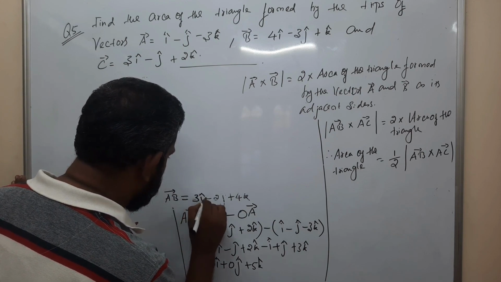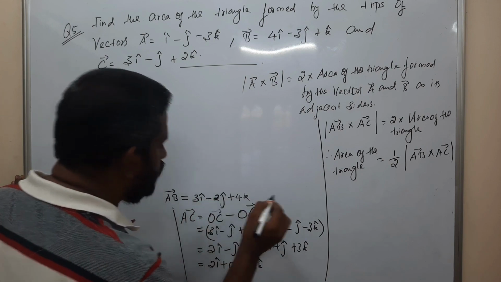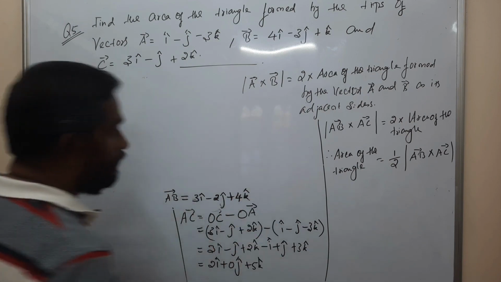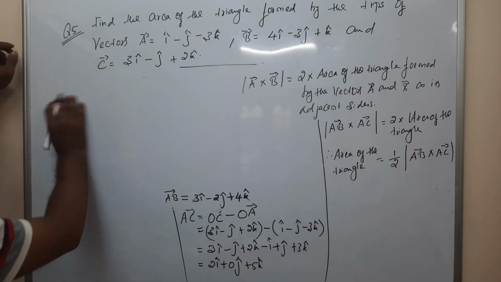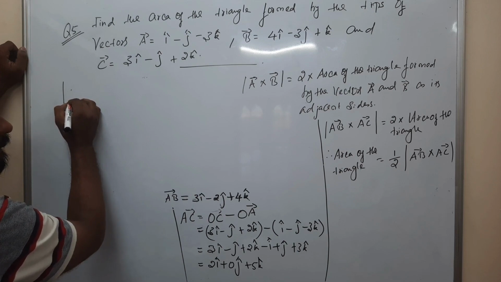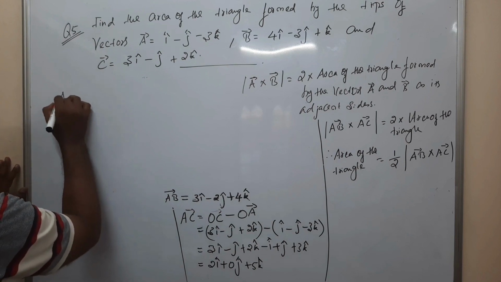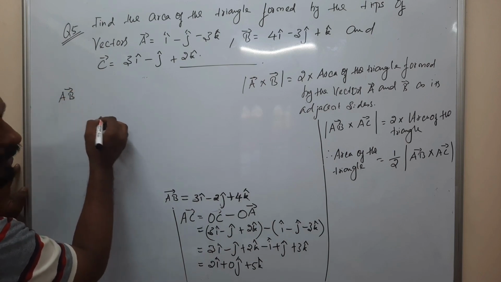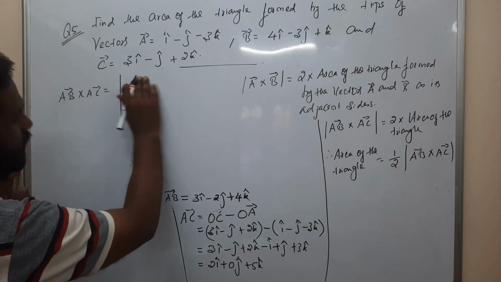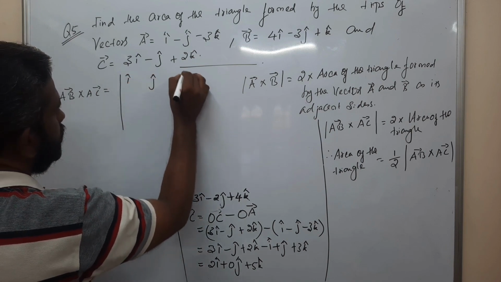3i cap minus 2j cap and 4k cap. So first we have to find AB vector cross AC vector, which is equal to the determinant of i cap, j cap, k cap.